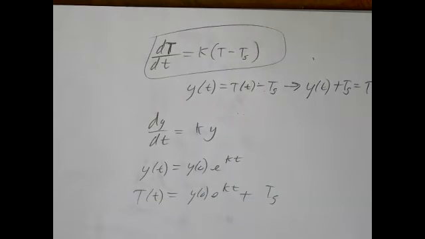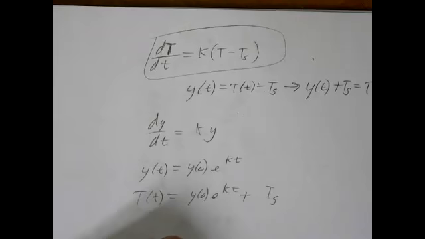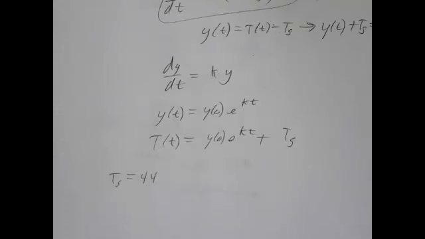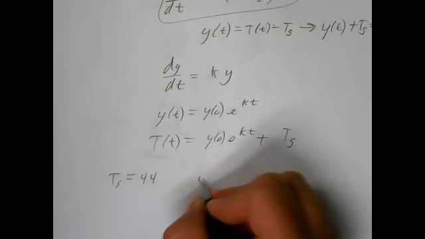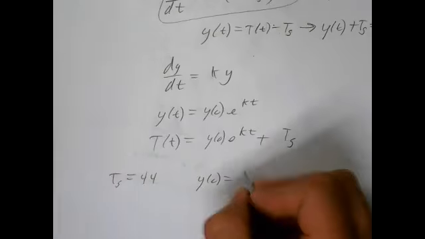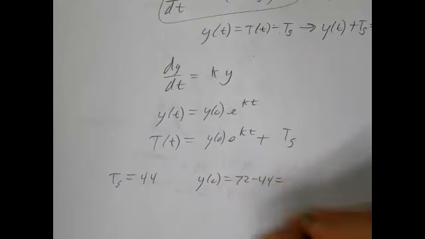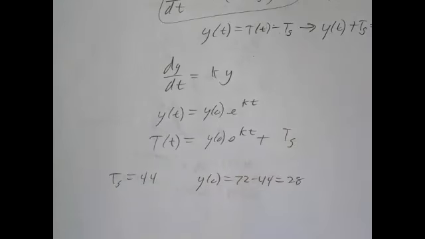All right, so for example, if they said a bottle of soda pop at room temperature, so that means the temperature at time 0 is 72 degrees, is placed in a refrigerator where the temperature is 44 degrees. Well, the refrigerator's temperature of 44 is the temperature of your surroundings. If the bottle of soda pop has an initial temperature of 72, then the initial difference in temperature is 72 minus 44, which is 28.